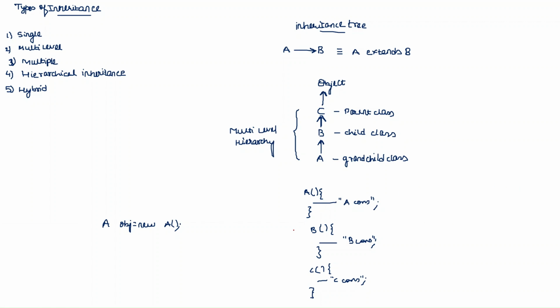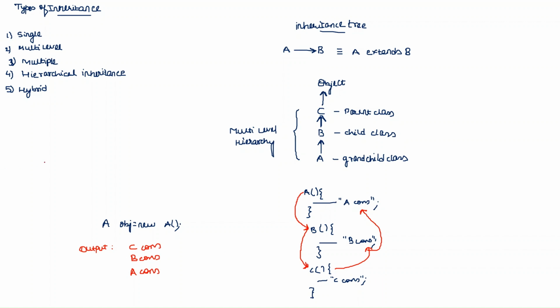So what will be the printing hierarchy? We first call the A constructor. This constructor goes to B because A extends B. B's constructor again goes to C because it sees that B extends C. This particular statement is printed. So in the output window, it looks something like this: C constructor. Then the execution goes back to B. It prints B constructor. And then it comes to A, where it prints A constructor. This is what we call multi-level inheritance.